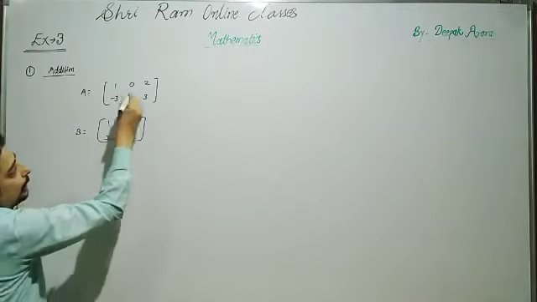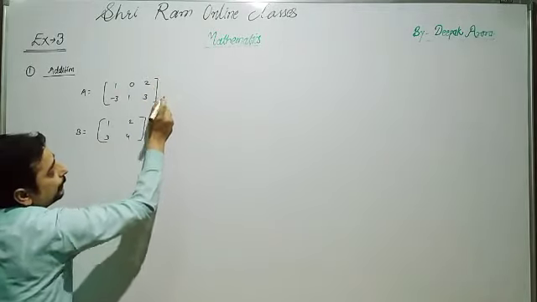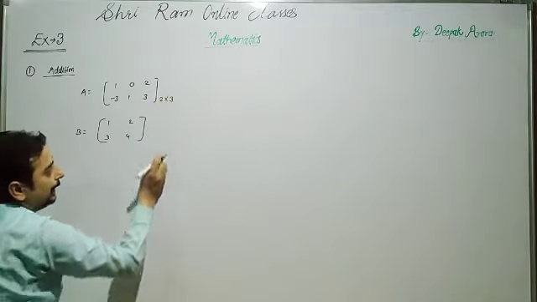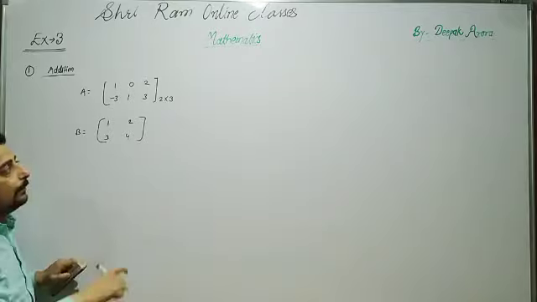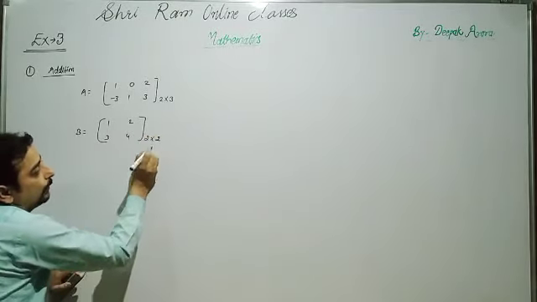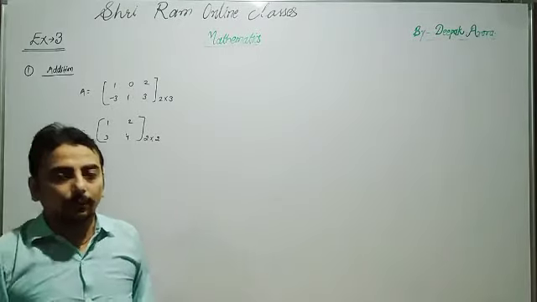Matrix A has 2 rows and 3 columns, so its order is 2 cross 3, and matrix B has 2 rows and 2 columns, so the order of B is 2 cross 2.